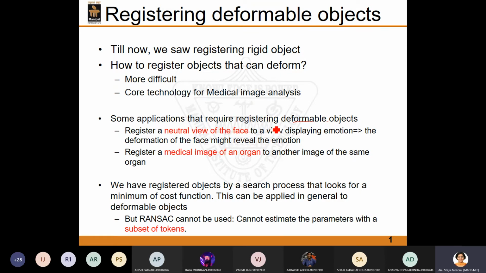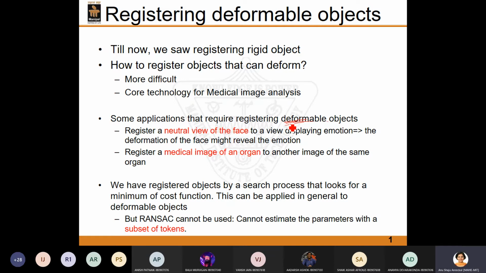Most of the organs, for example the heart and the lungs, change shape as and when we are imaging them multiple times. Each time you take an image, you know that it is not exactly the same as before. So in medical images, the registration that we would be dealing with is with respect to deformable objects.